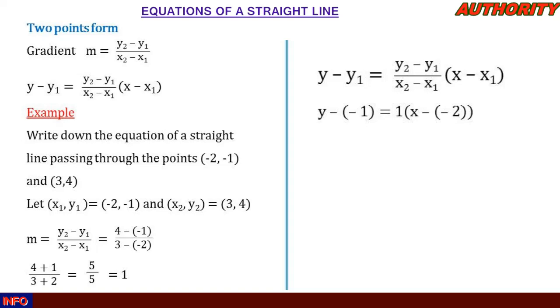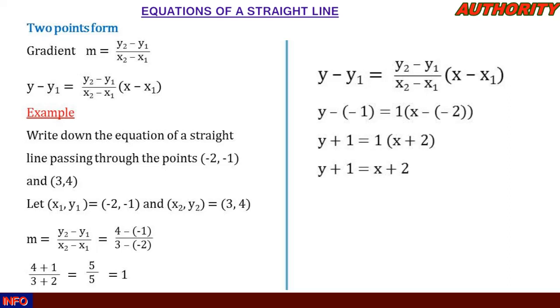So in place of x1, I'm going to replace it with minus 2, close the bracket. Okay, so here we have y minus minus 1 is going to give us plus 1 equal to 1 open bracket, x minus minus 2 is going to give us plus 2. Okay, so here we have y plus 1 is equal to x plus 2.